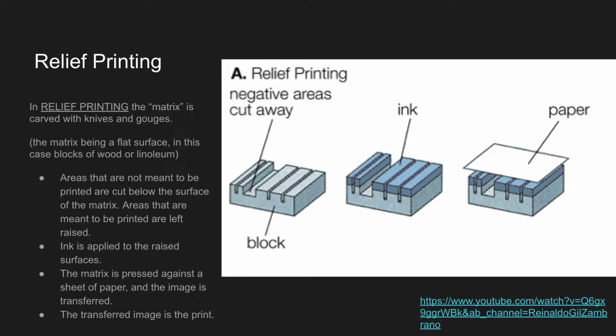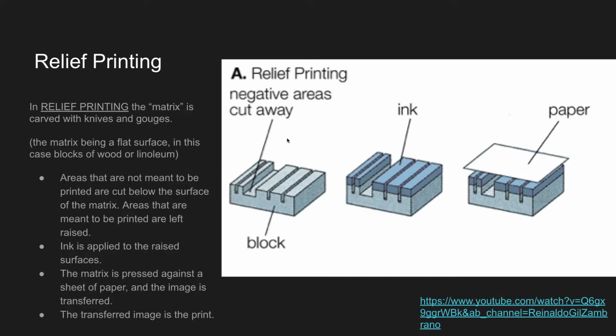So say I'm going to lay paper on top of the block in order to make a print. Well, I say I want to make a print of several lines. I'm going to carve out a channel here, and carve out another channel, and carve out another one, and another one. And then what I'm going to get on the paper in the end is 1, 2, 3, 4, 5 channels.